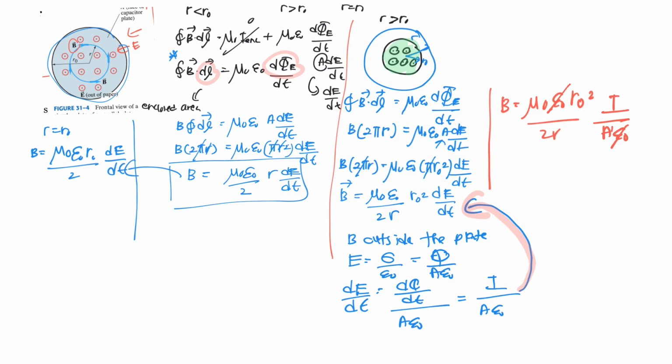The area here is pi R naught square, because that's the only area that has a change of electric field, so the R naught square can be cancelled out. So when you rearrange, B equals to mu naught over 2 pi, I over R.